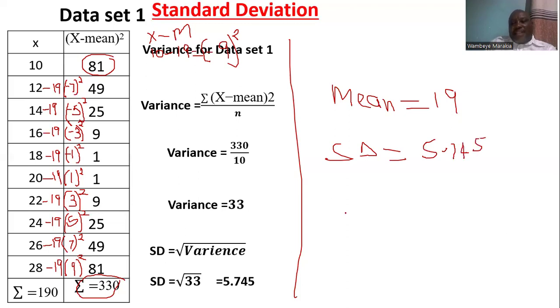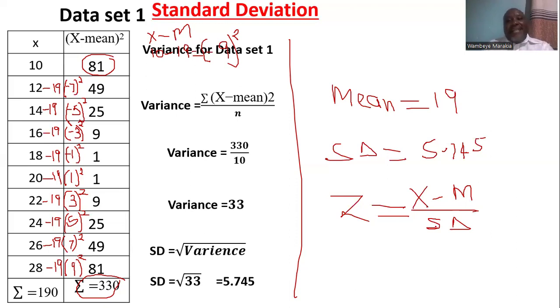Remember, the Z score we are going to calculate equals raw score minus the mean all over the standard deviation. This is now the formula.